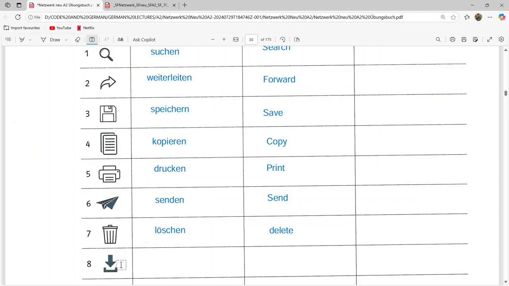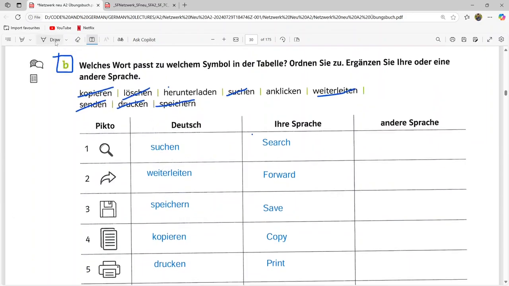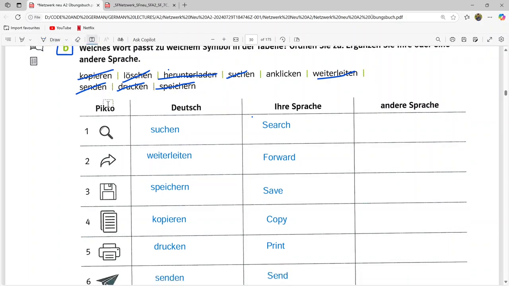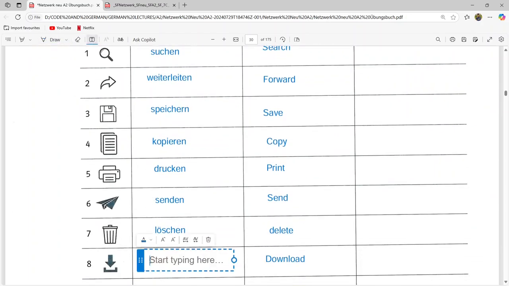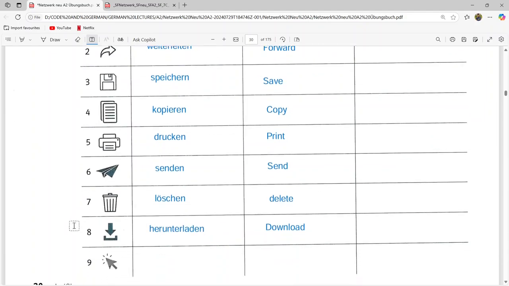So I'll just write here löschen. To download, in English we say download, and in German we say herunterladen. Okay, is there any remaining? Last one. This one is mouse click, or to just click.